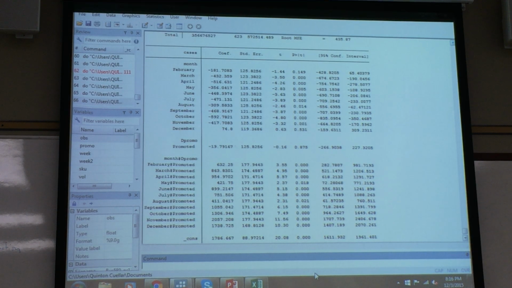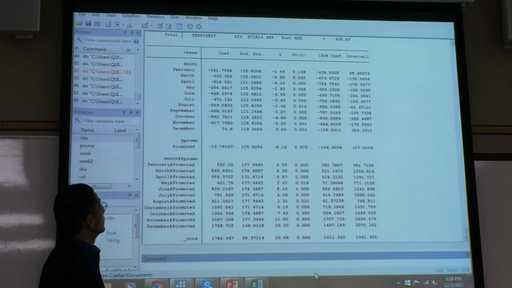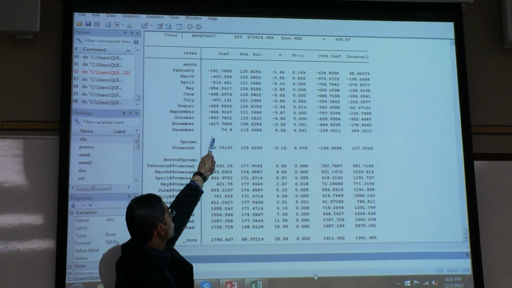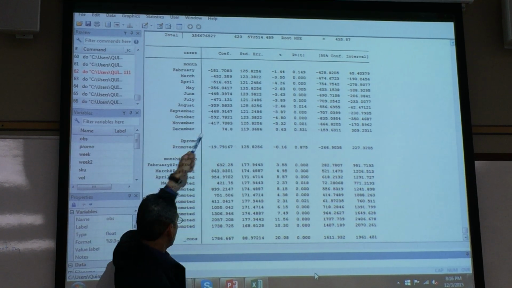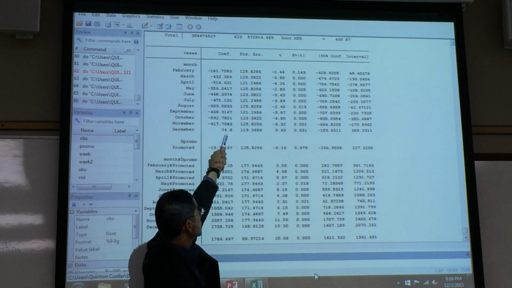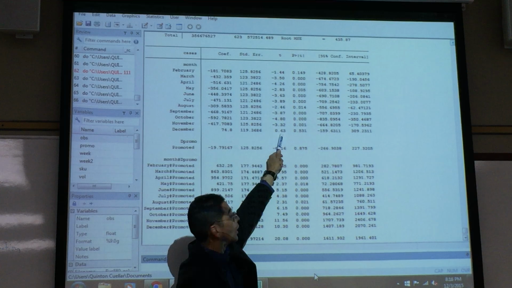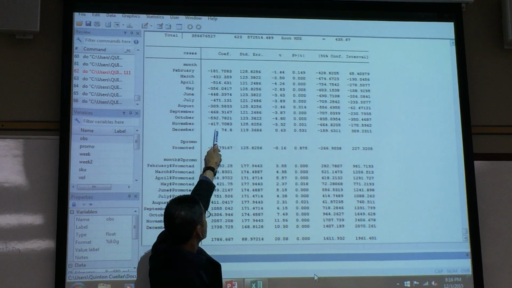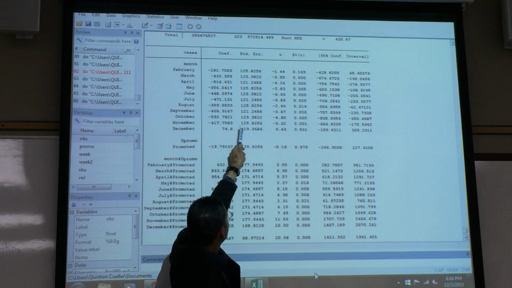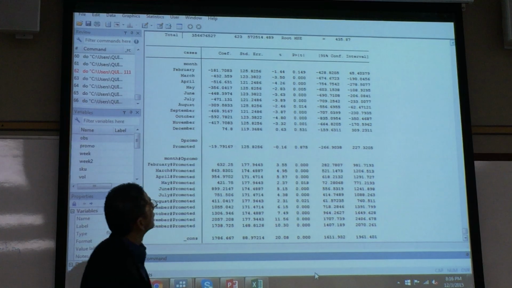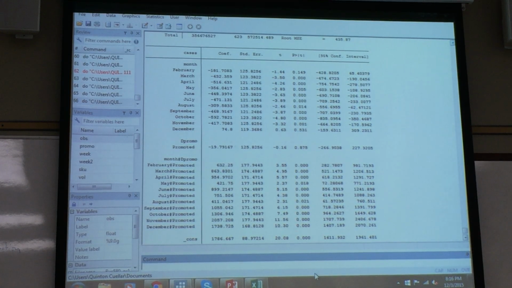Just as the month dummies answer the question, were December sales, which were 74 cases more than January, statistically significantly different? No. Were November sales, which are 400 cases fewer than January, is that 400 statistically significant? Yes. And so on and so on.